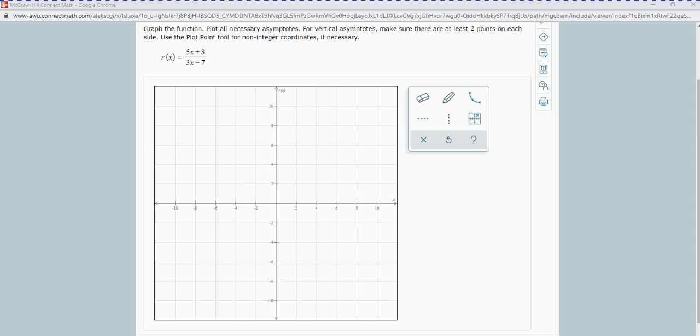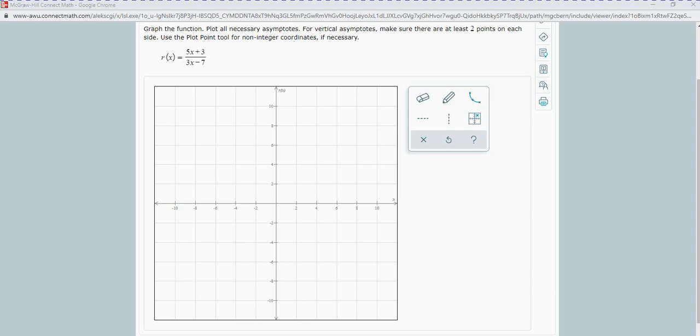The other reason that it's important to work the problem out on paper first is if you make a mistake while you're graphing, it's going to be very difficult to find where that mistake is if you don't actually have any work written down. So the work written down is going to allow you to figure out if there's a mistake, if something goes wrong when you attempt to graph and connect the points at the end. So number two, second most important thing is make sure that you work everything out on paper first.